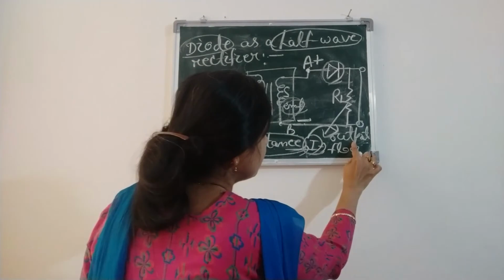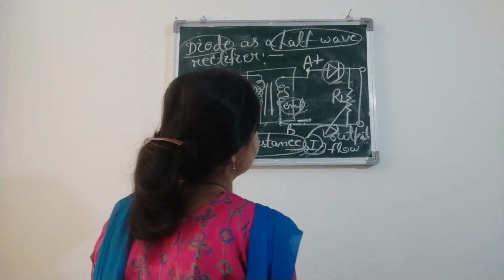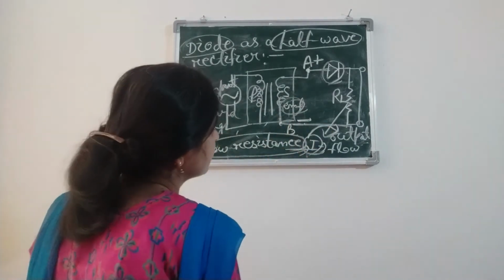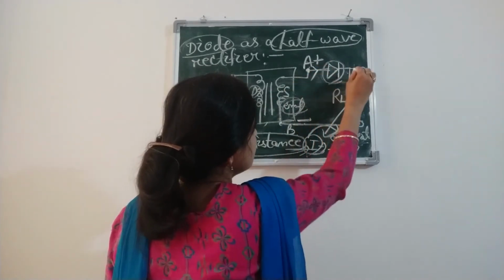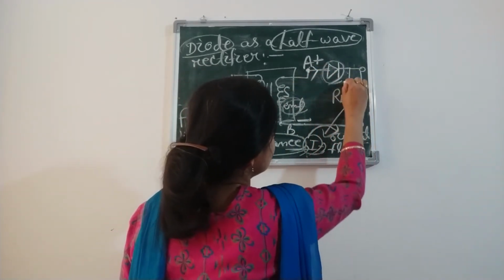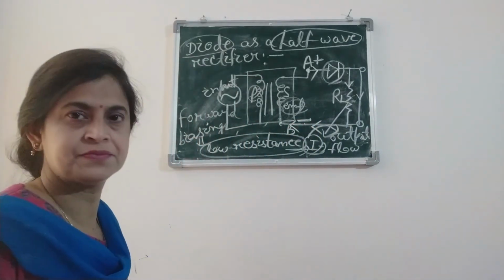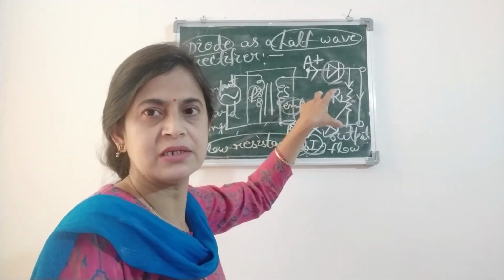Where output will be obtained? Through the load resistance, means RL. And what is the direction of the current? This is a positive terminal. So obviously the direction of current will be like this. This is most important thing. You have to mark the direction of current here.